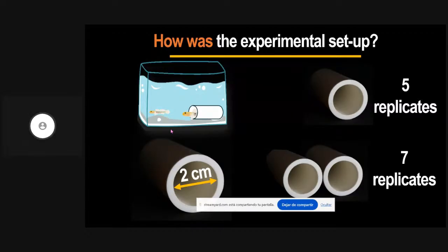Well, 2 experiments were used to present these results: 5 replicates using just 1 nest and 7 replicates using 2 nests. The nest was a PVC pipe, as I previously said, with a diameter of 2 centimeters.